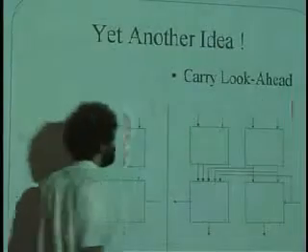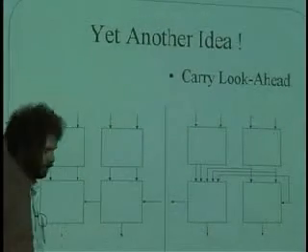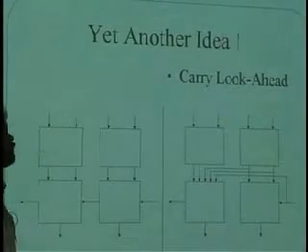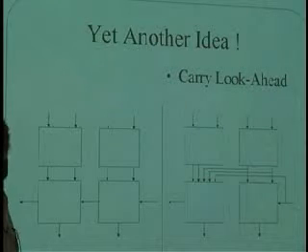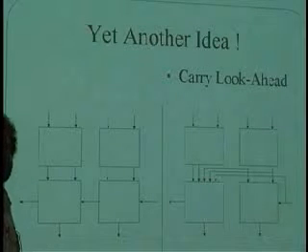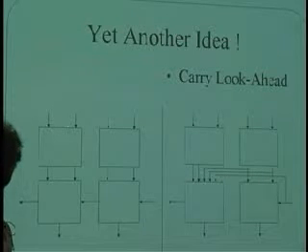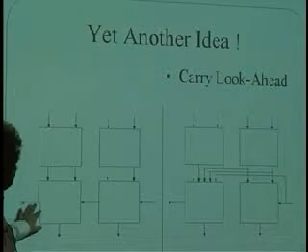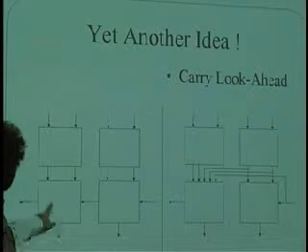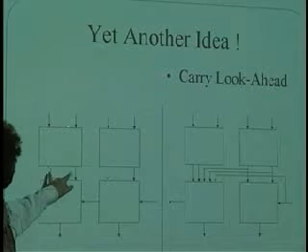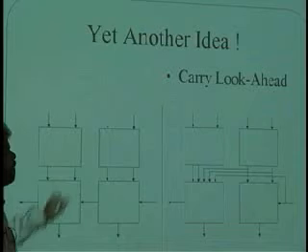But guess what? It turns out that we can do a lot more than just this. We can look ahead. We can look ahead and we can say, you know what? I'm going to have a sum bit and a carry bit that depends on whether these two things generate or propagate.